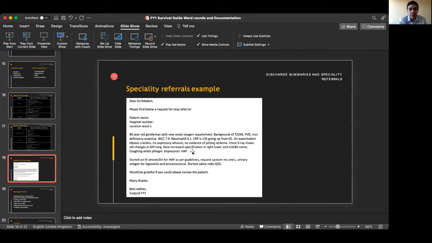We've sent sputum culture, and we've also sent urinary antigen for Legionella and pneumococcal. We've started this patient on saline nebs 4 times a day as well. And then at the end, I just say, would be grateful if you could please review my patient. So this is an example of a respiratory referral I had put through by email.